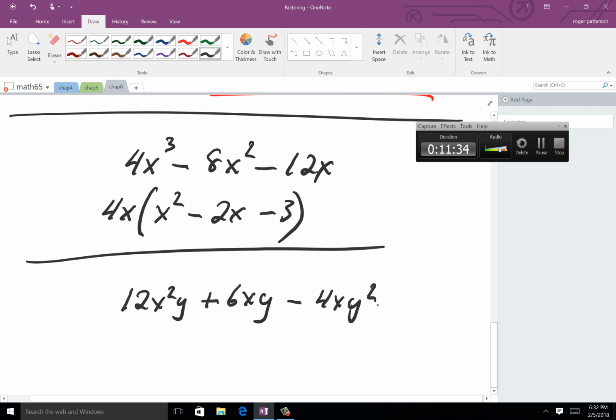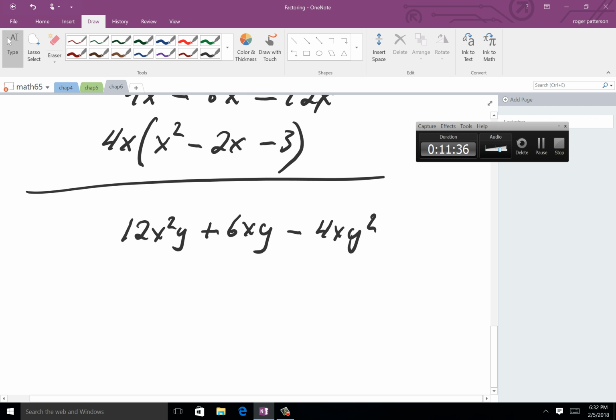Okay, so let's say we have something like this now. We're throwing everything at us. We've got x squares, we've got y's, a y squared, we've got numbers, we've got 3 terms, everything here. So what is it that we can take out of that? We need something that goes into all 3 of those things.